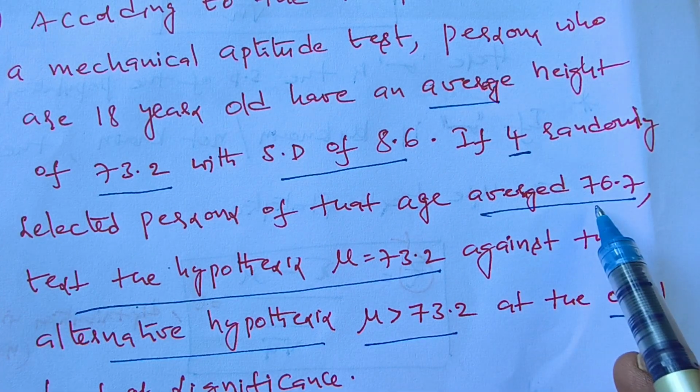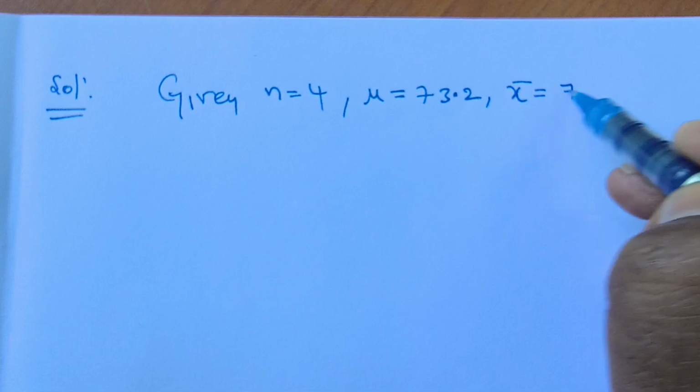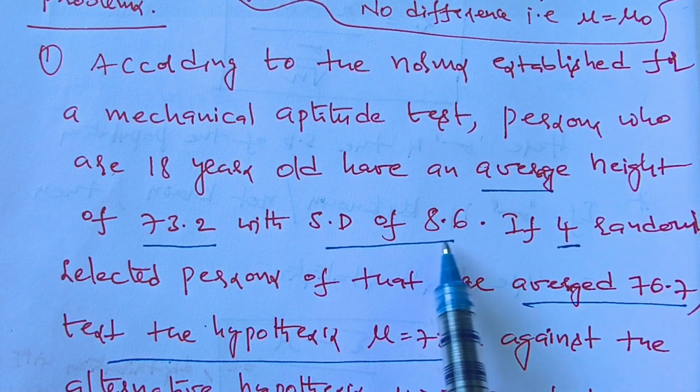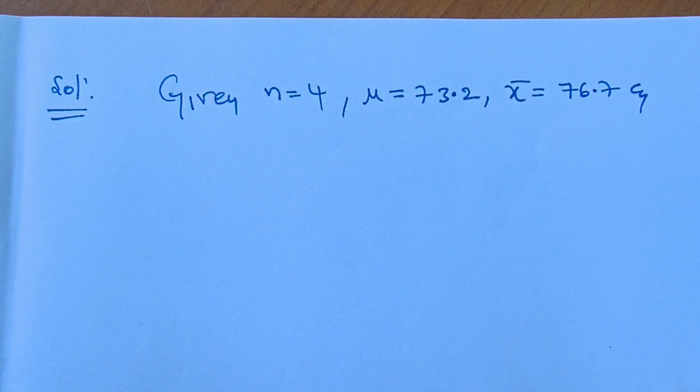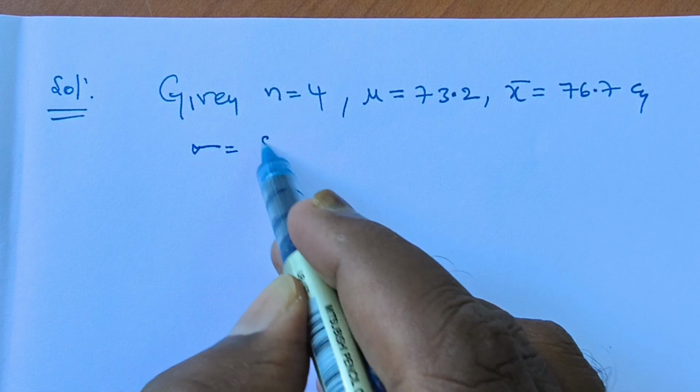But here the average of the sample is given, that is x bar is 76.7, and the standard deviation of the population is 8.6, that is sigma equals 8.6.